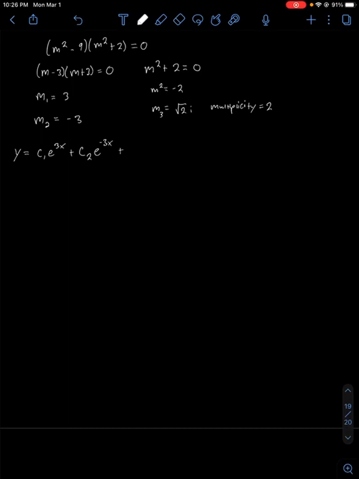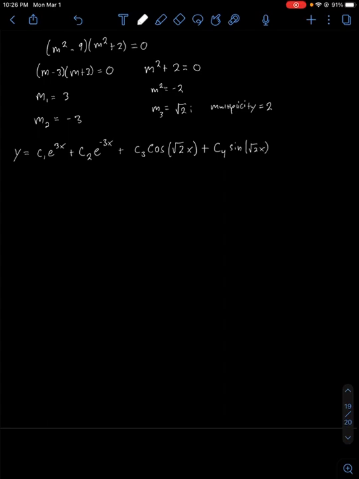So basically I could just write c3 cosine of beta x, which is root 2x, plus c4 sine of beta x, which is root 2x.